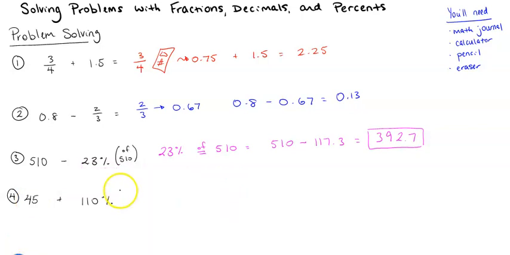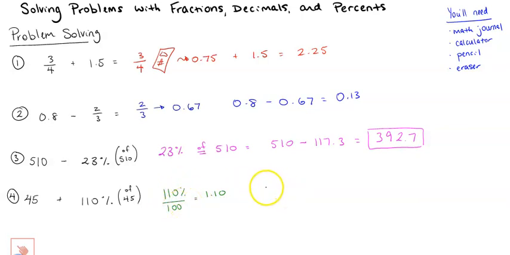So first we need to figure out what 110% of 45 is. 110% into a decimal. 110 divided by 100 gives me 1.10. So I could just move the decimal place or put it into my calculator.